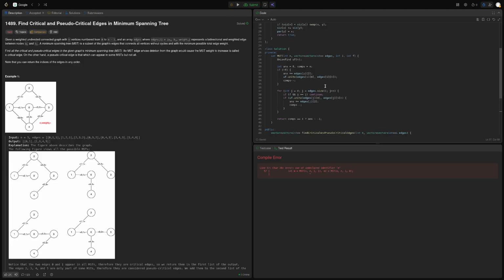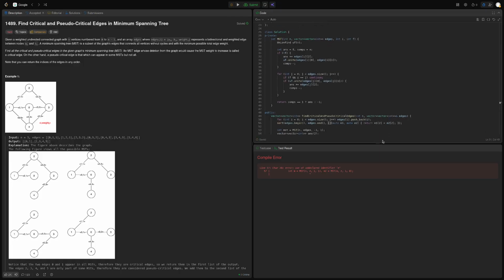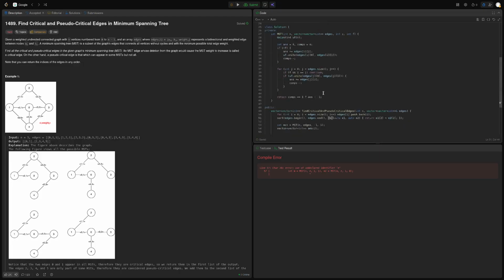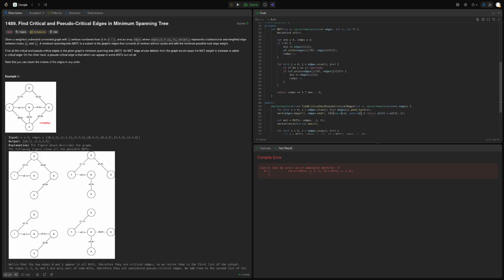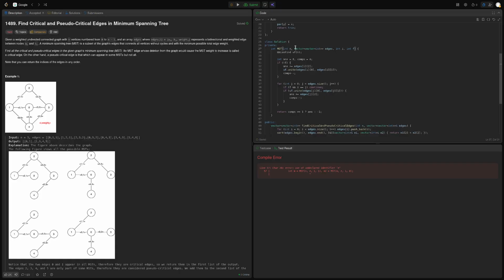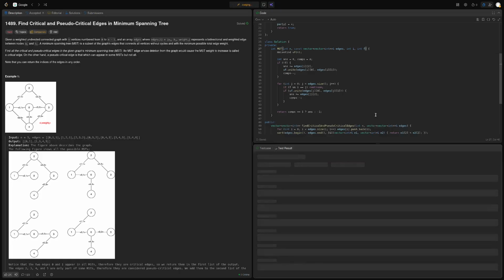And then maybe this is slow, and we can do vector int, and that, and then here we can do const to make it not slow.